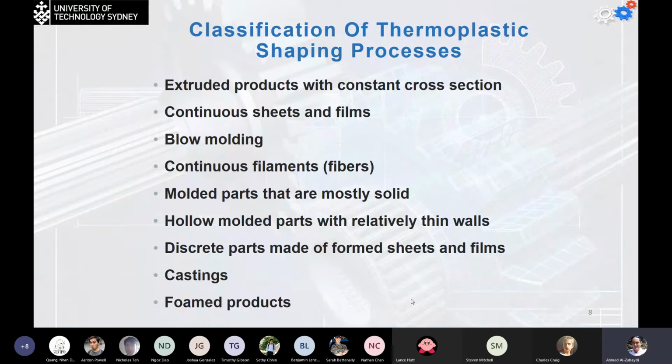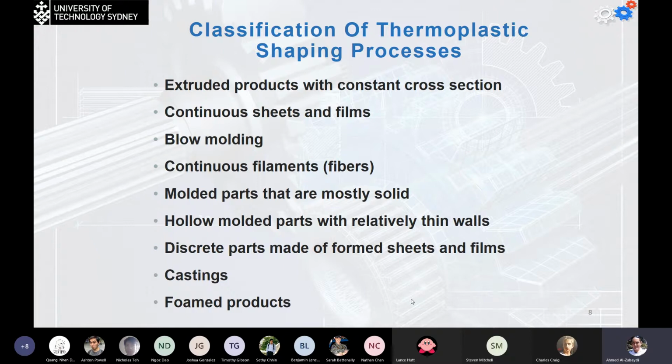The plastic is not going to be much different, the only difference is how we are going to melt the plastic before we send it through the die, and then later, of course, we have to cut it. Also, we can do the thermoplastic as a continuous sheet and films. We can do the blow molding like the bottles and jars, and continuous filaments like the fibers we use in the textile manufacturing.